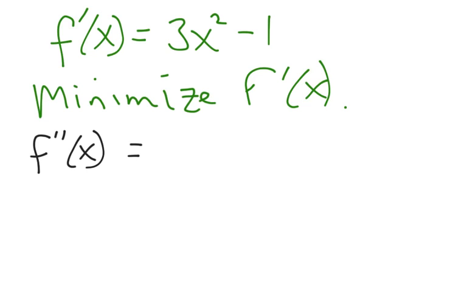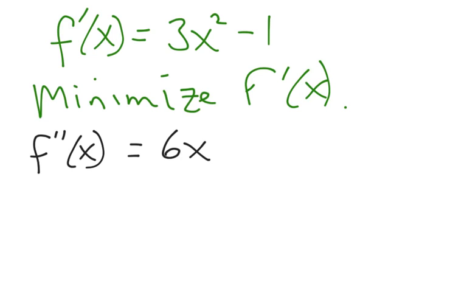And the second derivative, of course, is going to be 6x. And when is 6x as small as possible? I'm sorry, I keep pausing because something doesn't look quite right at the moment. Alright, so no, everything is okay.